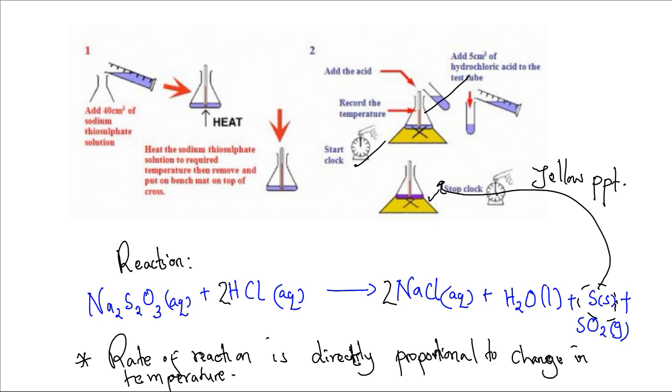And at higher temperature, that is at 60, according to our experiment, it takes a shorter time for the reaction to reach a completion, meaning the rate of reaction is higher. There is more collision between the reacting particles, and it takes a short time for us to realize formation of the yellow precipitate.